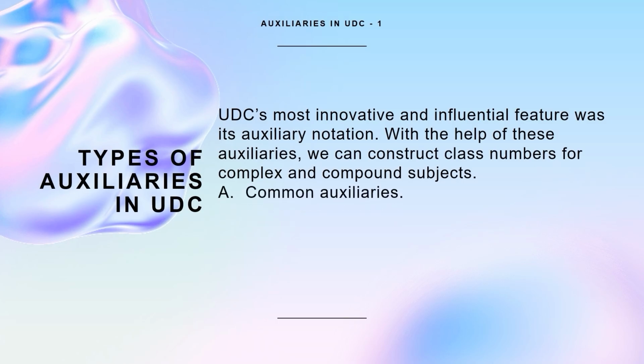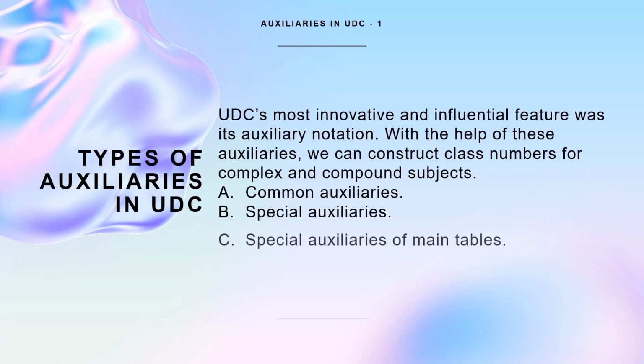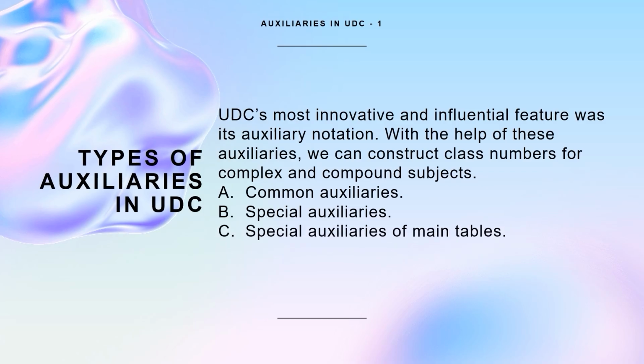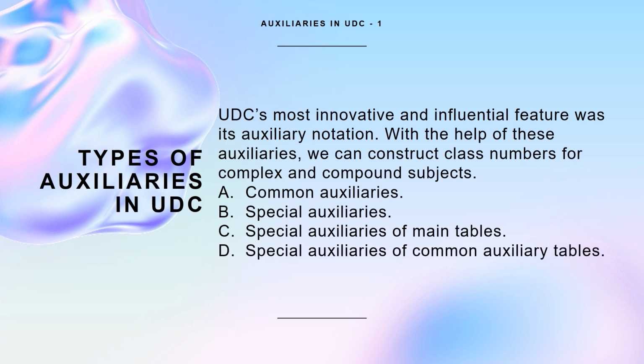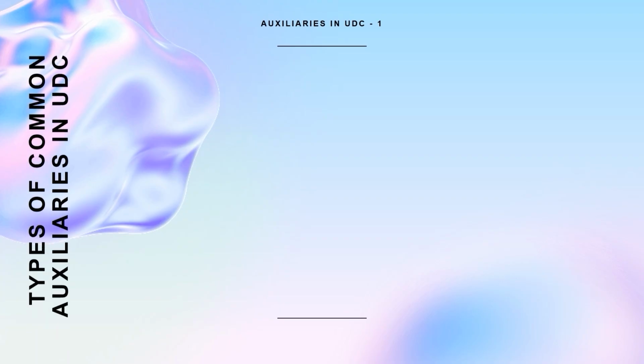Basically there are two types of auxiliaries. One is common auxiliaries, another is special auxiliary. But we can classify the special auxiliary into two, that is special auxiliaries of main tables and special auxiliaries of common auxiliary tables.